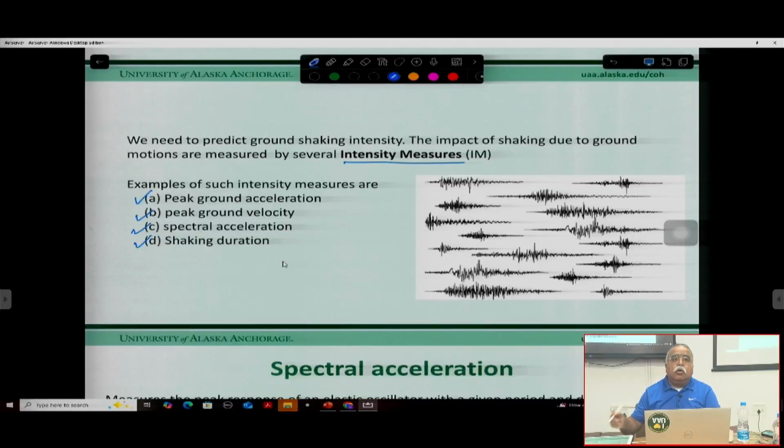We always put the IM. Depending upon your choice, you can put IM as a peak ground acceleration, or IM as a spectral acceleration, whatever you like to do.